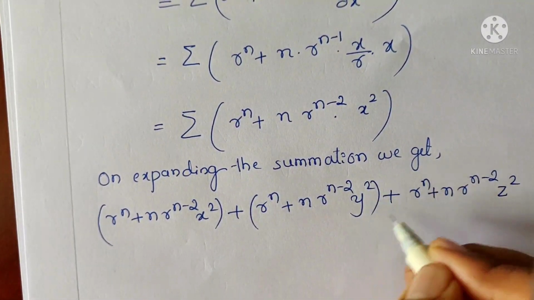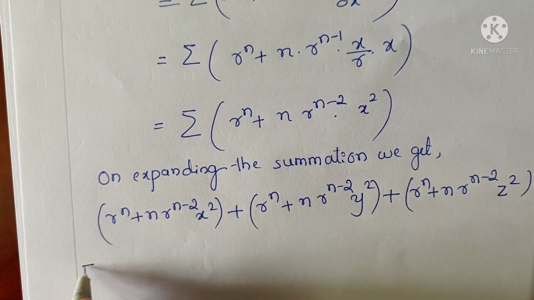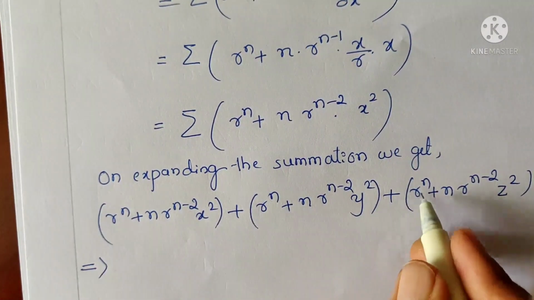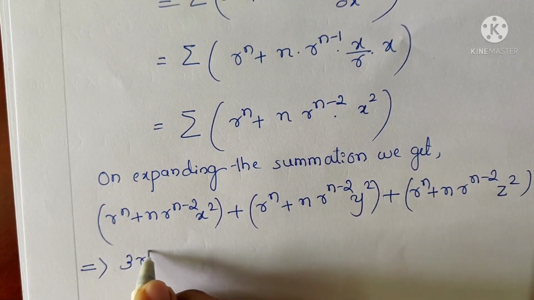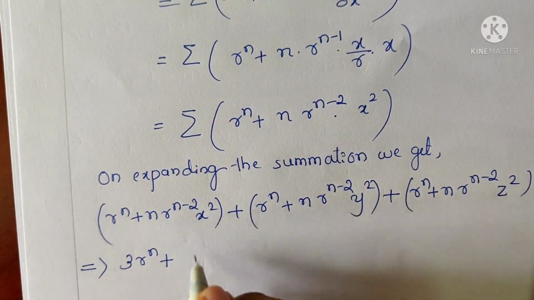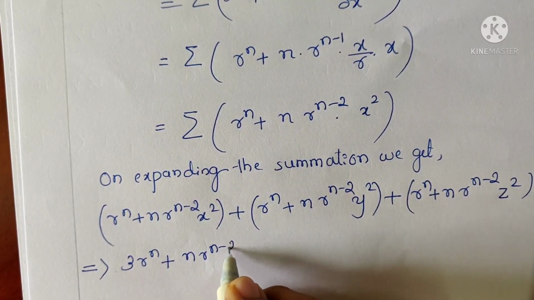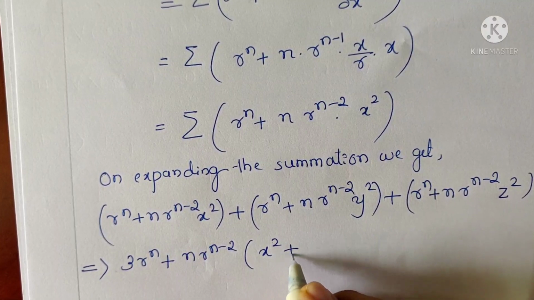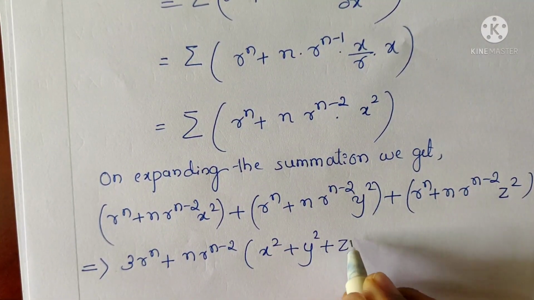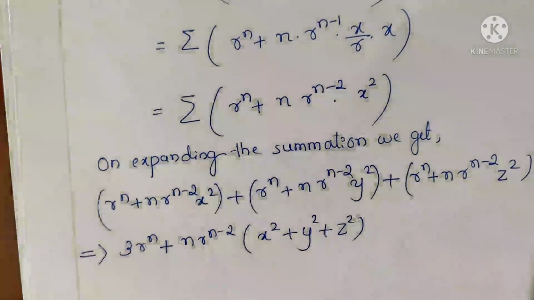So 3 times r^n plus n r^(n-2) is common, and you are left with x square plus y square plus z square.